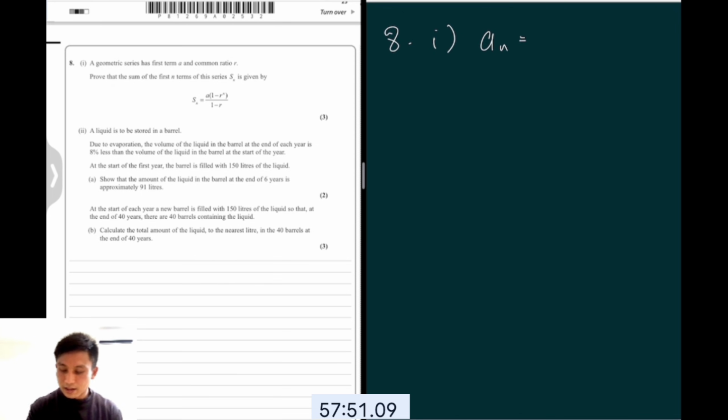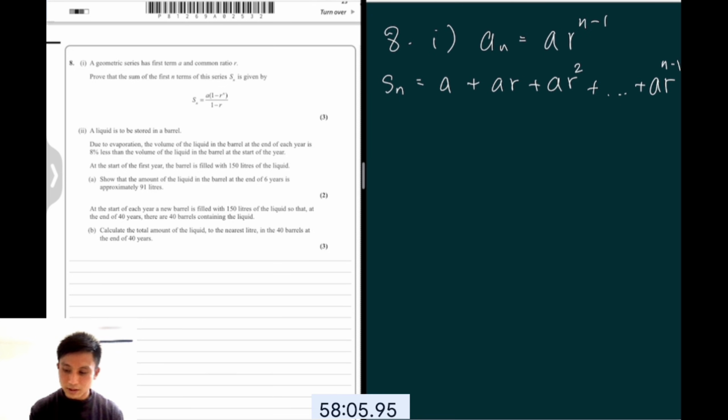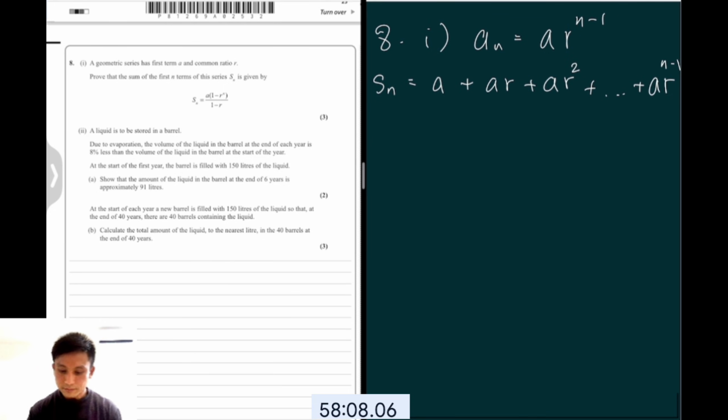because an is ar to the n minus 1, right? So that means Sn is equal to a plus ar plus ar squared plus until the last term, which is ar to the n minus 1, all right? If you multiply that by r, I'm just going to shift the writing here so that you see what I'm doing, right?